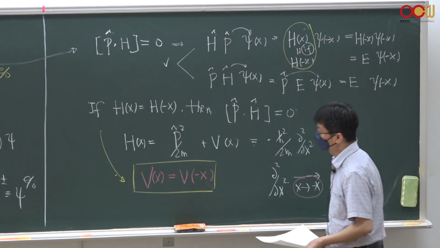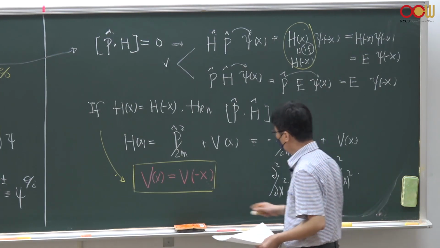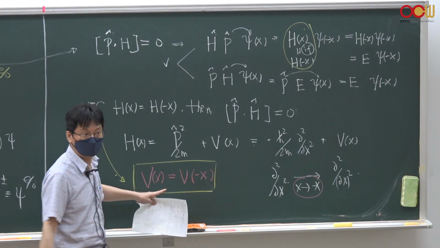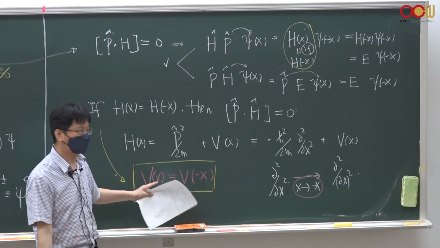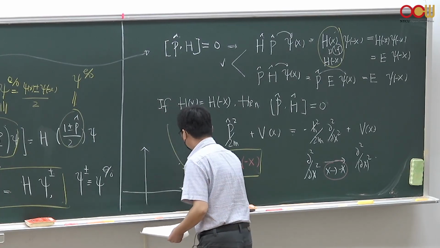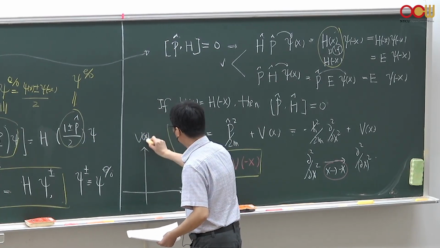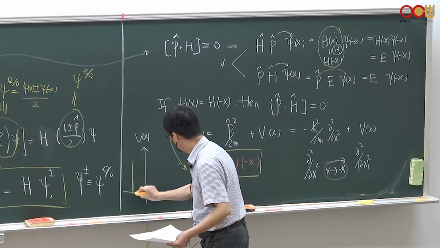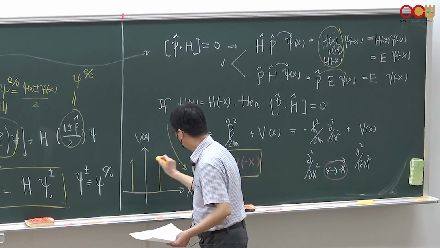Well, this tells us that this potential term should have such a mirror symmetry. But this does not occur always, because you can imagine that in many different quantum mechanical problems, this potential term may or may not show such a parity symmetry.